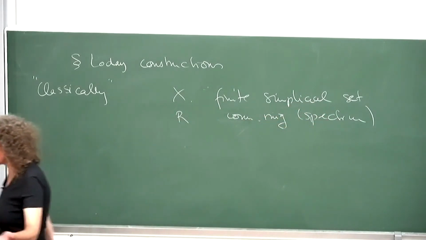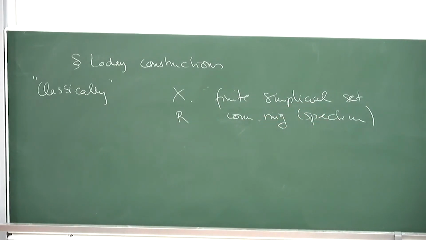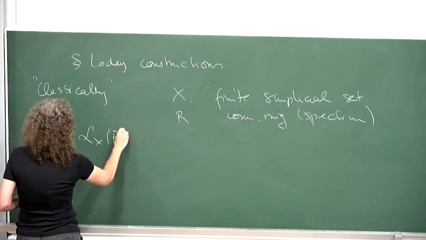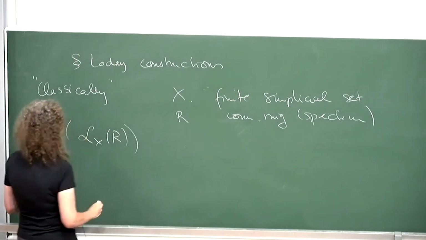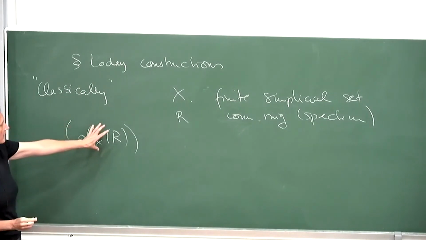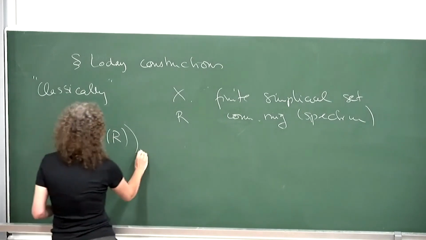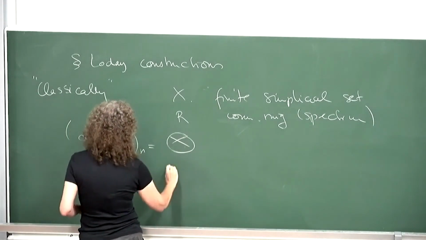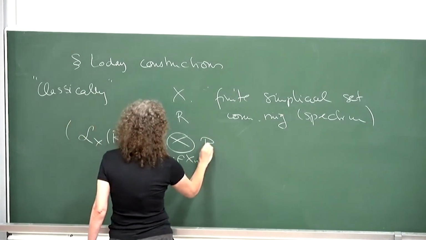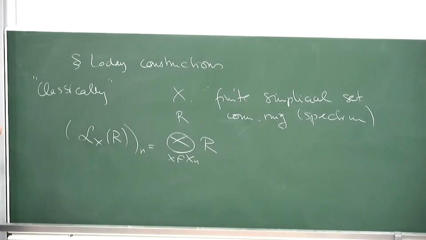Then you can tensor R over X, so you can form the Loday construction of R with respect to X. This will be a simplicial commutative ring, and in degree n, you take as many tensor powers of your ring as you have elements in X_n, and you just form this tensor product.